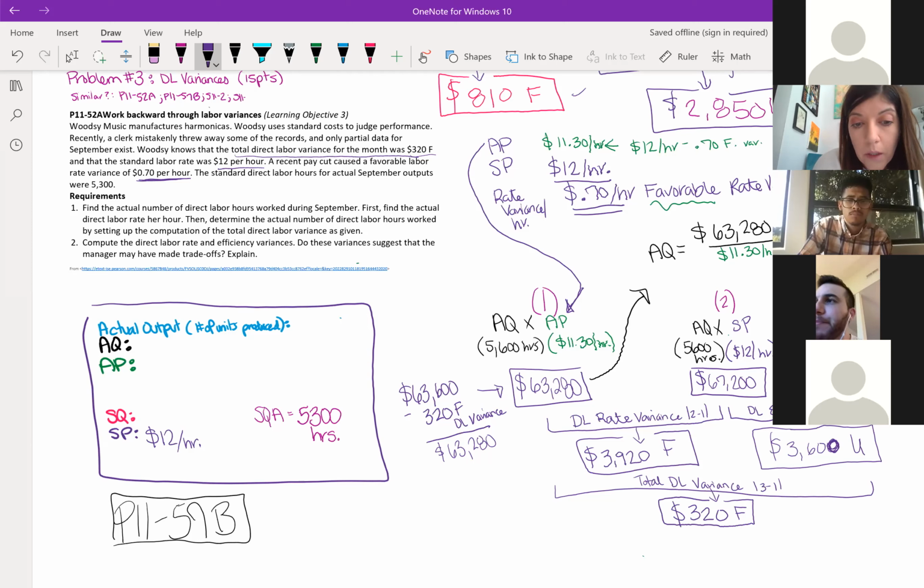Because they're probably learning. So he did make a trade-off. It's still a favorable variance overall because the lower skilled workers cost them less per hour. That's the test.